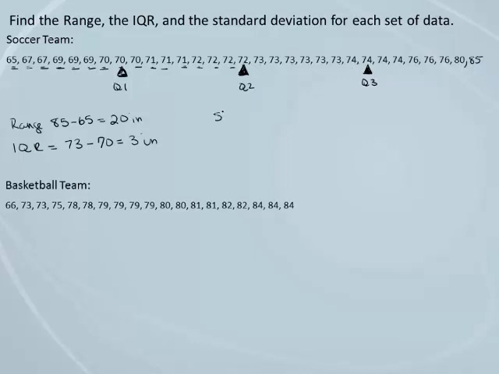And then to find the standard deviation, I need to go back and look at my mean. And my mean was 72.39. Now remember, to calculate the standard deviation, I take the sum of all of my x's minus my x bar squared divided by the number, and I take the square root of that.